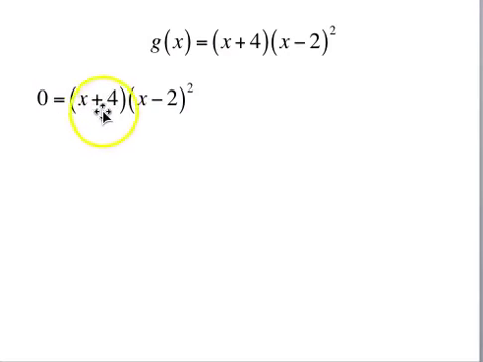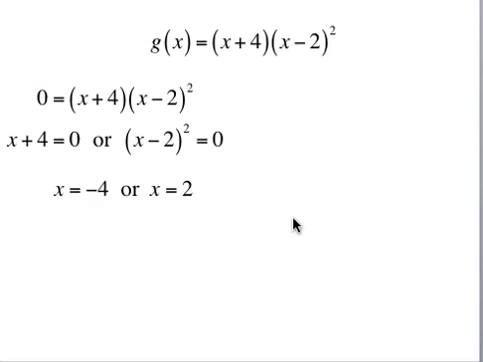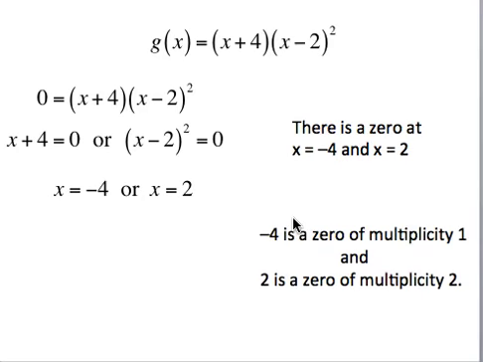So of course x plus 4 is 0 or x minus 2 squared is 0, which will tell us x is -4 or x is 2. So those are the zeros as we saw with the graph, but talking about the multiplicity, -4 corresponds to multiplicity 1, 2 corresponds to multiplicity 2.